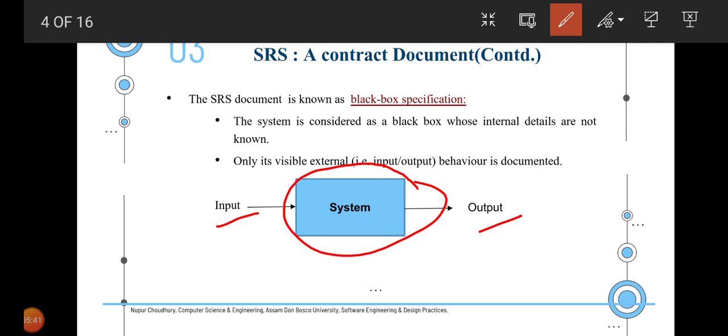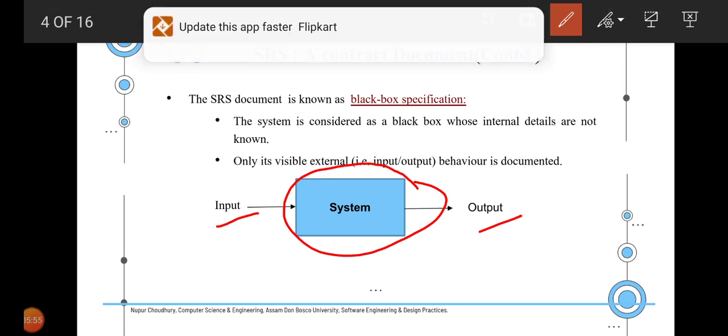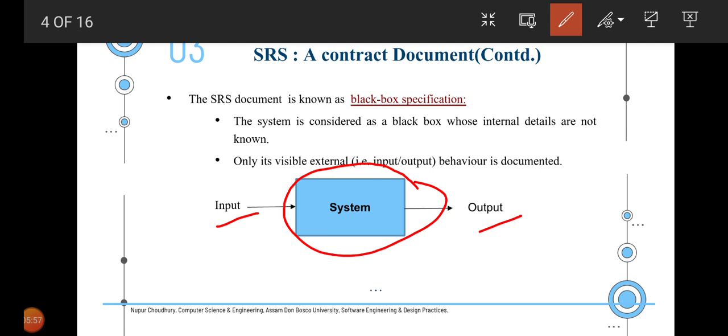But what is actually calculating, or what logic or functions it is using, or what the hardware components and software components are, all those things are not seen in the calculator operation. So we have to understand that in a black box specification, we just get an idea or an overview as a layman who is not allowed into the integral part of the system.